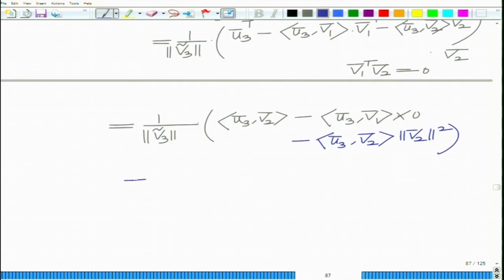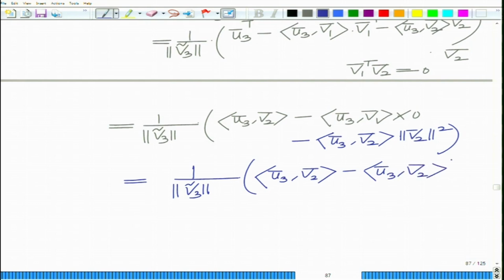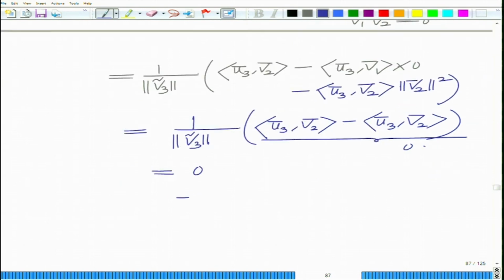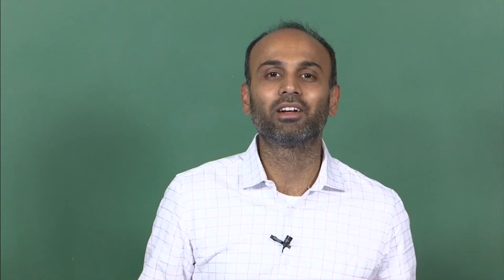So this is 1 over norm V3 tilde times the inner product of U3 bar and V2 bar minus the inner product of U3 bar and V2 bar, which is equal to 0. This quantity is 0. And you can similarly verify orthogonality of V3 bar to V1 bar as well. So this implies V1 bar, V2 bar, V3 bar is an orthonormal set, and this procedure can similarly be continued.